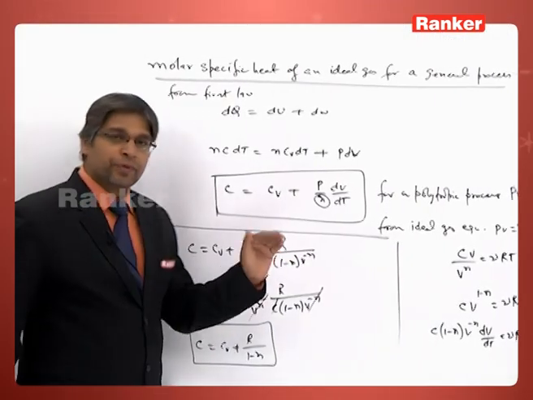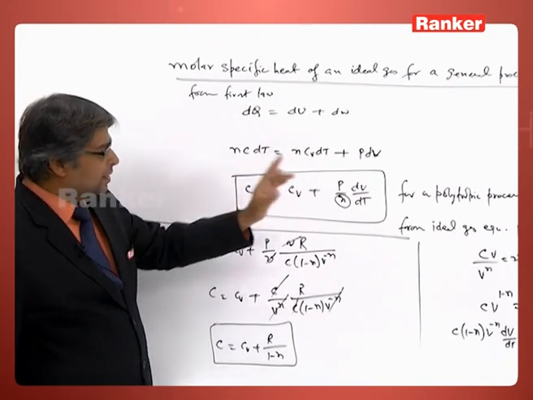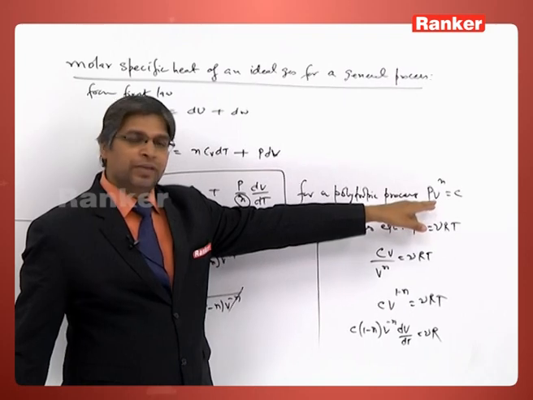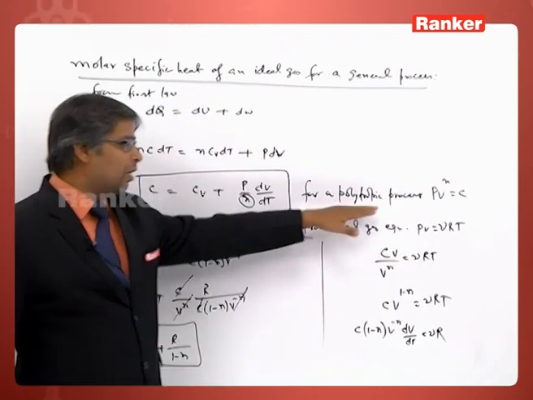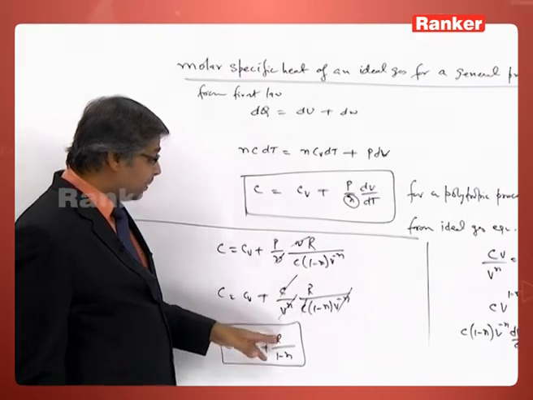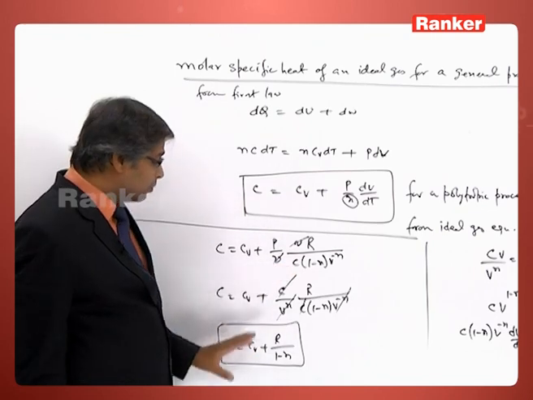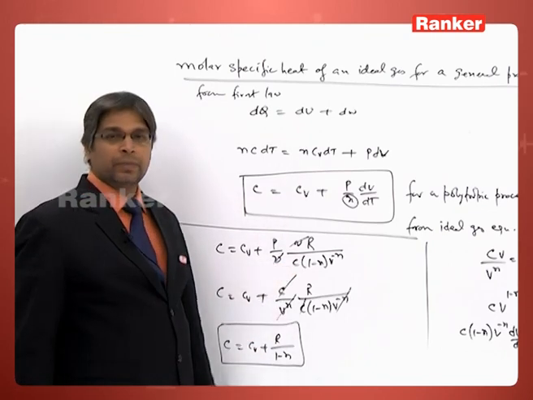So if we have a general process represented by PV to the power n is equal to C, we call this process a polytropic process, then the specific heat will be Cv plus R by 1 minus n. This is a general formula that is very useful for problem solving.